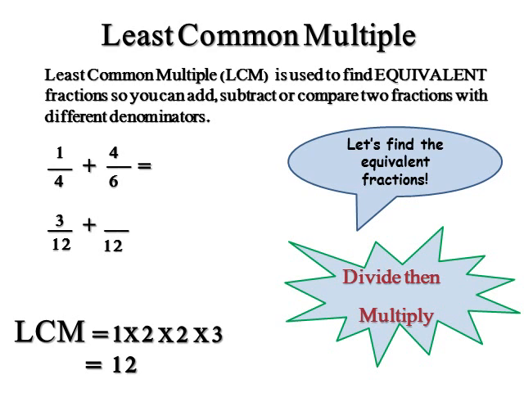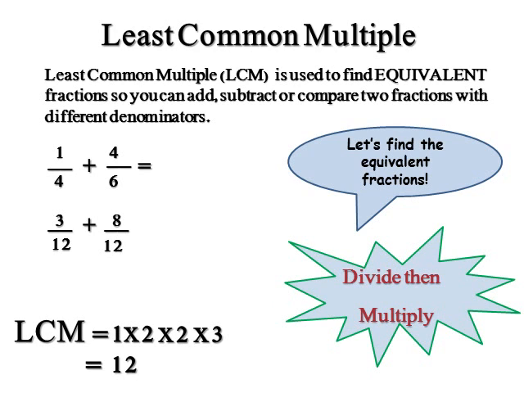Let's work on the second fraction, 4/6. Let's divide 12, the new denominator, by the old denominator, and then multiply it with the old numerator. So 12 divided by 6 is 2, times 4 would be 8.